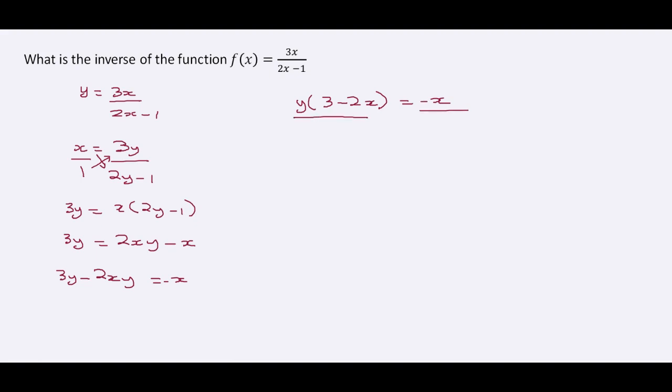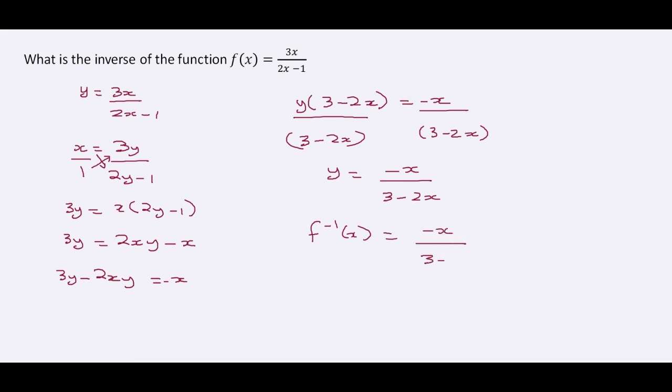You divide both sides by 3 minus 2x. So we have y equal to negative x over 3 minus 2x. So we're going to replace the y with f inverse of x equal to negative x over 3 minus 2x.